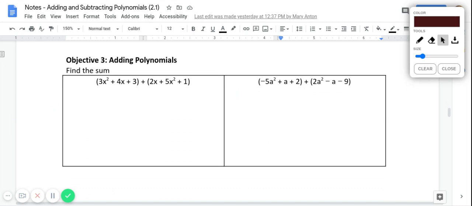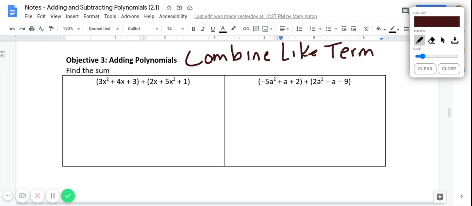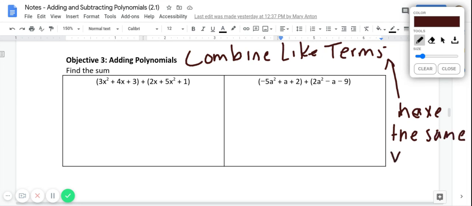So the key here, combine like terms. And you might say, what is a like term? Like terms have the same variable exponents.